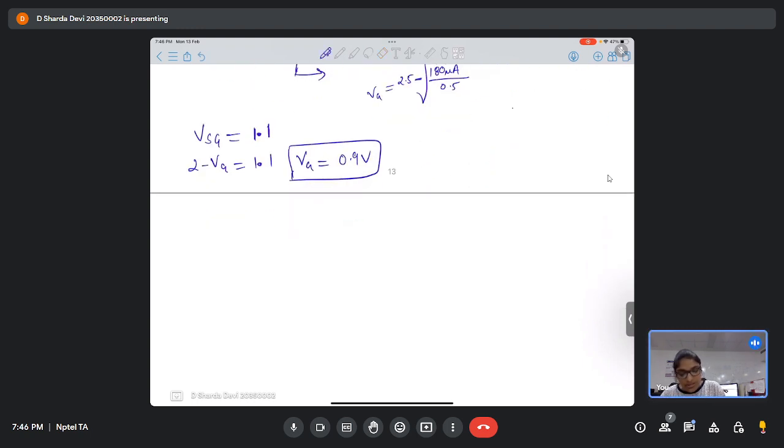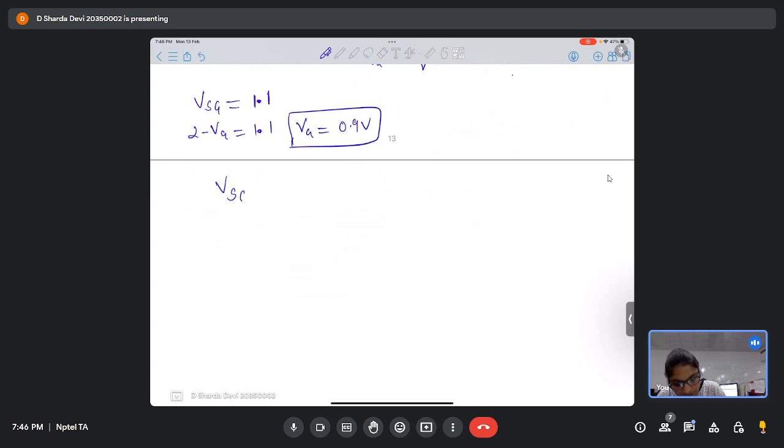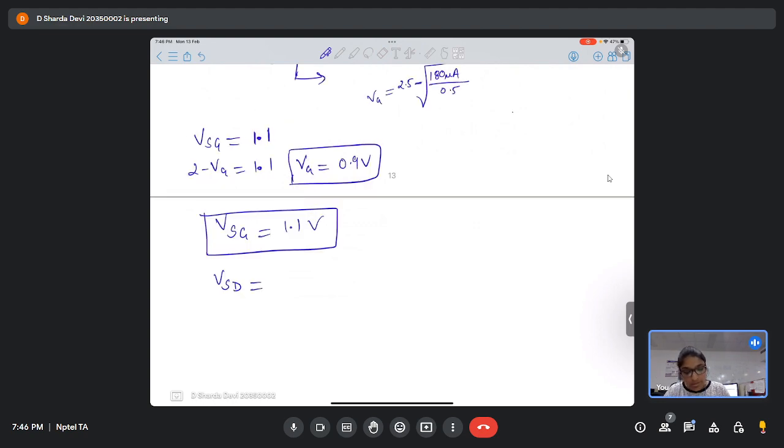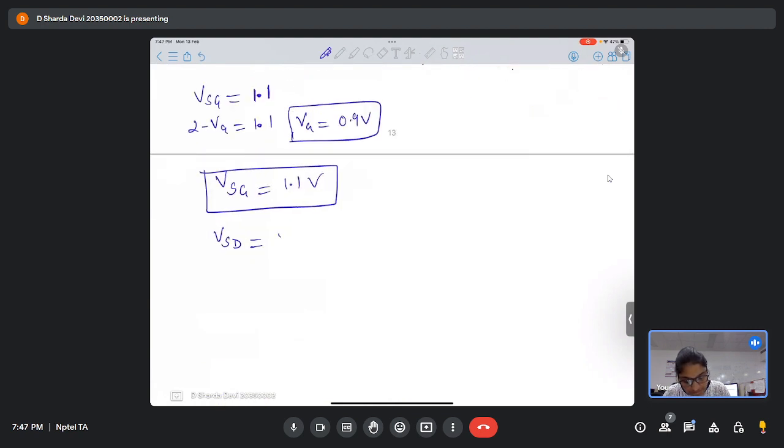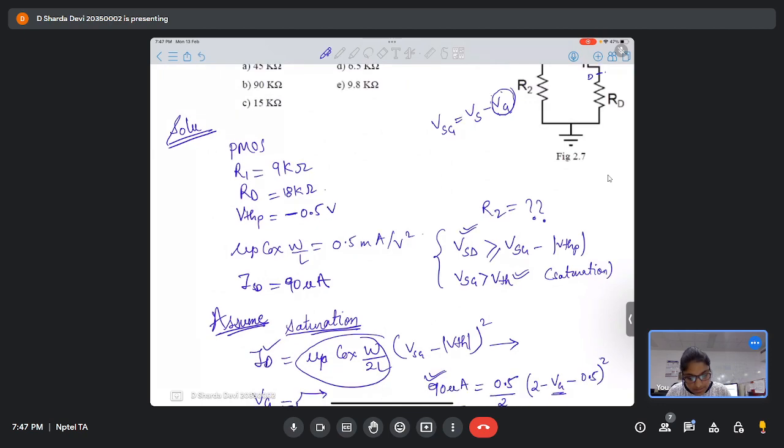So once you got Vg to be 0.9 and VSG to be 1.1 volts, now we assumed our transistor to be in saturation. Let's check VSD. How will you write VSD? VSD is 2 minus IDRD. Is this clear? So that is 2 minus 90 microamps into how much is RD? 18 kilo ohms.